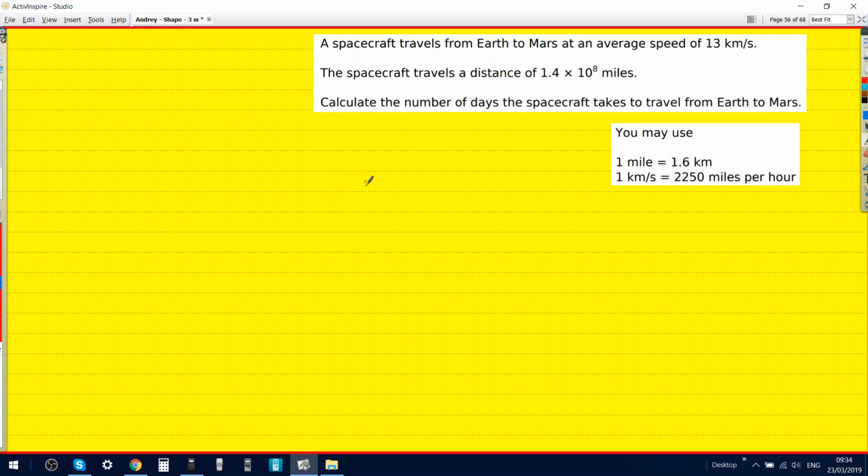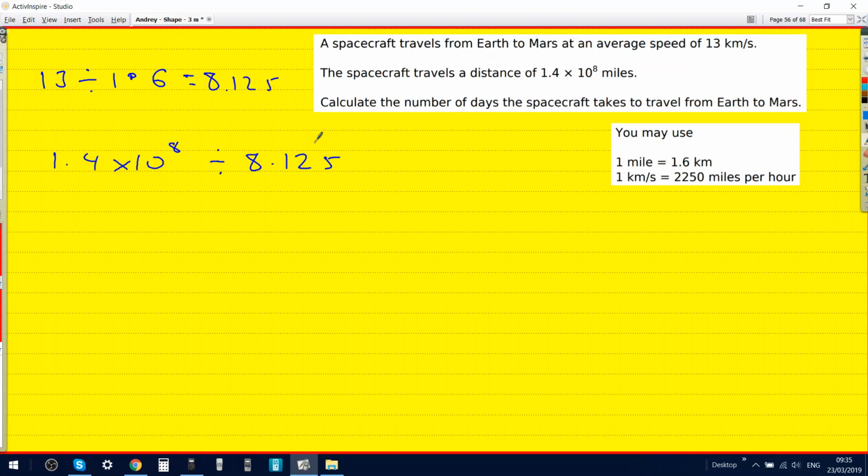I do 13 divided by 1.6. Okay. It says here it's 8.125. And then do I do 1.4 times 10 to the 8 divided by 8.125? Okay, what is it? I'm using my phone. I'm using a scientific calculator.